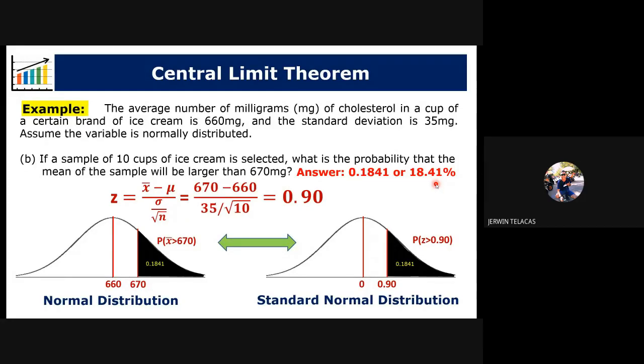That is what it says. So that is one application of the central limit theorem. It is the same process as our topic last time, except a different formula is used, because a sample is now involved.